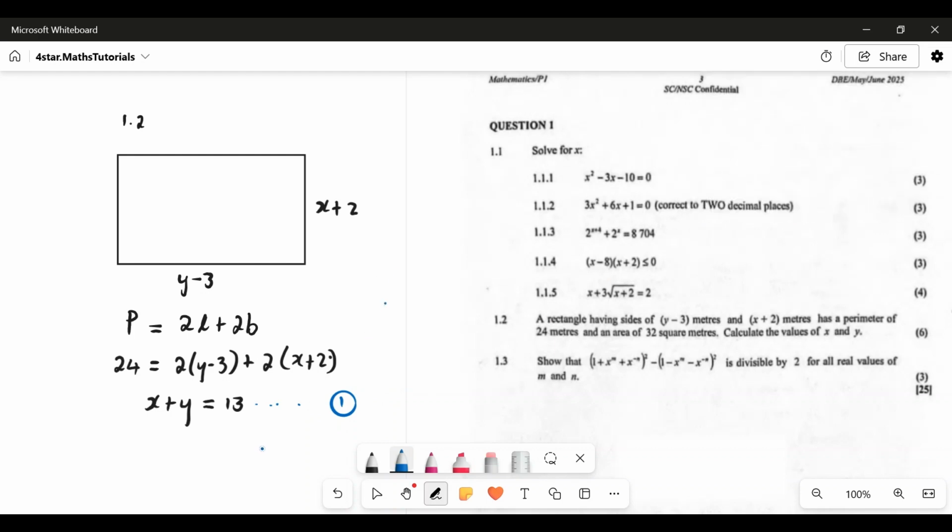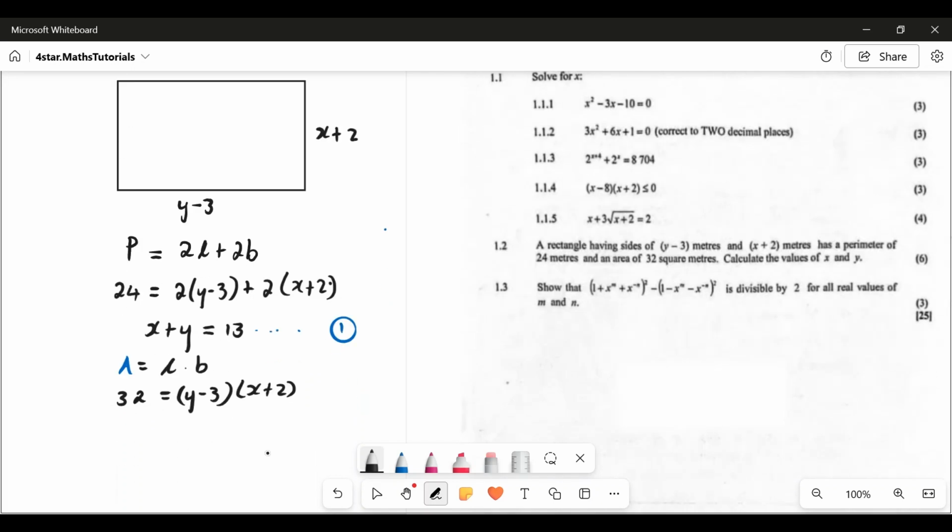As we read further, we're also told that the area of this rectangle is 32 square meters. We know that the area of any rectangle is length times breadth. So the area is 32, the length is y minus 3, and we multiply it by the breadth, which is x plus 2.